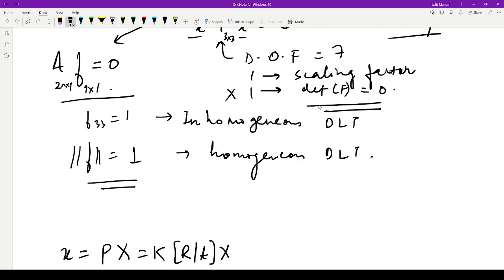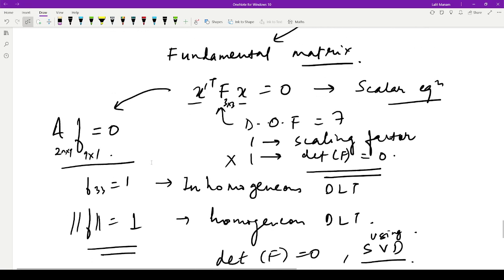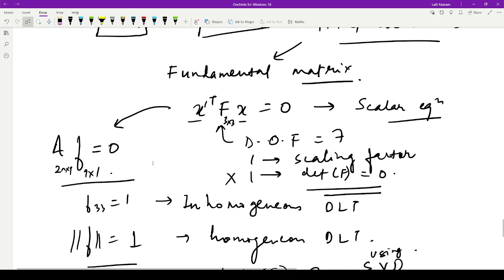Once you get f, you need to project it onto determinant of f equals 0, which can be done using SVD. So for estimation, you generally take 8 point correspondences for this case.